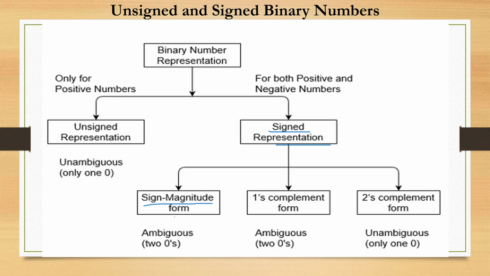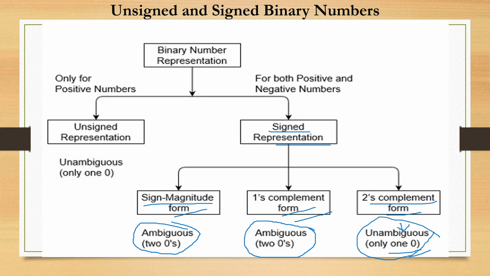One is the signed magnitude, which we have discussed, like positive 34 and negative 34, where the ambiguity is because of the two representations of 0. Next, the ones complement also has two representations of 0, so it is also ambiguous. And the twos complement form carries only one representation of 0, that's why it is called the unambiguous representation of numbers.